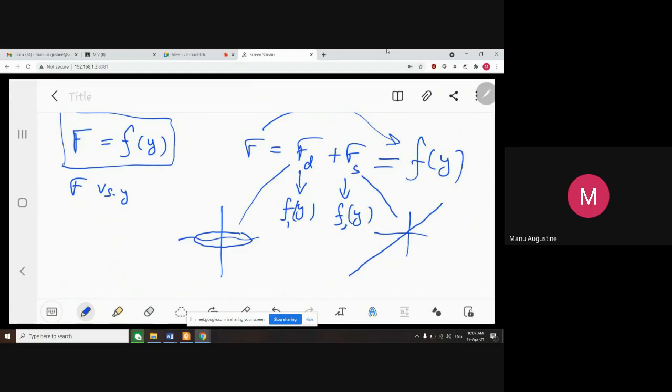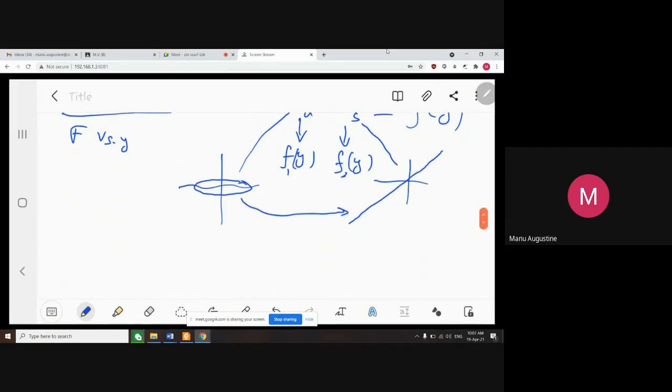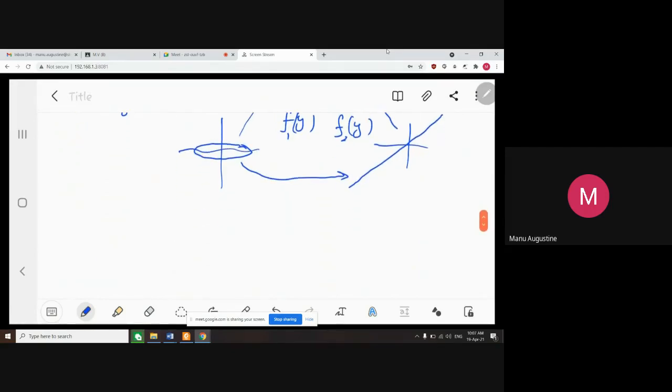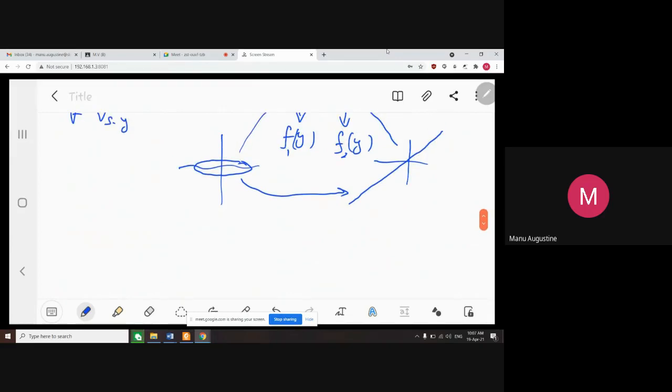What will happen if I add an ellipse and an inclined straight line? We will not go into very detailed mathematical conversion of this because I can do that here, but it will take a lot of your time out of this lecture.